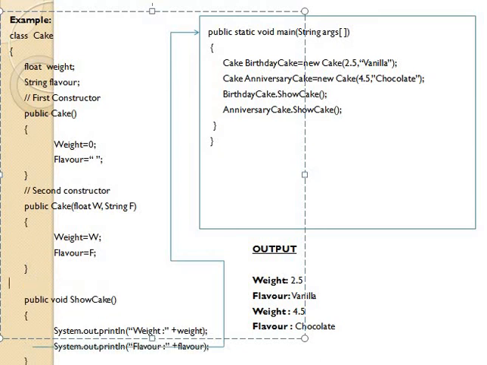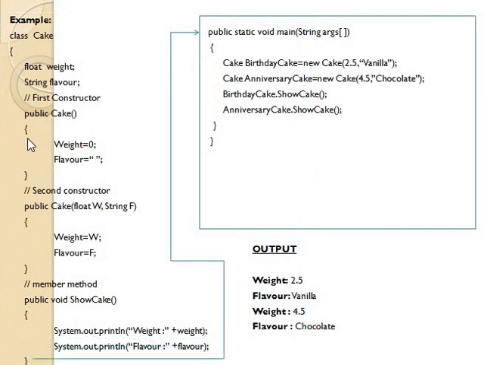So I can comment it as a member method. So the first two methods are the special member methods known as the constructors, because the name of these methods resemble the name of the class. But the third method is not a constructor. This is an ordinary member method because its name is showcake, which does not resemble the name of the class.